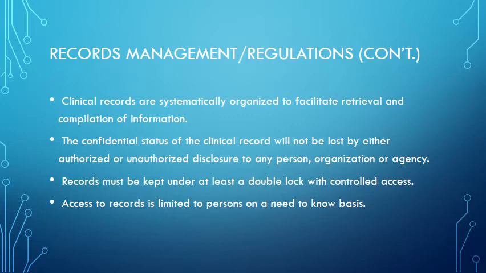With electronic health records, we can interpret double locks to mean that the system that stores the record must have physical and cyber security components, and that access to the records is secured through user IDs and strong passwords. Finally, as we discussed in our training on HIPAA and 42 CFR Part 2, the confidentiality regulations limit access to records to a need-to-know basis.